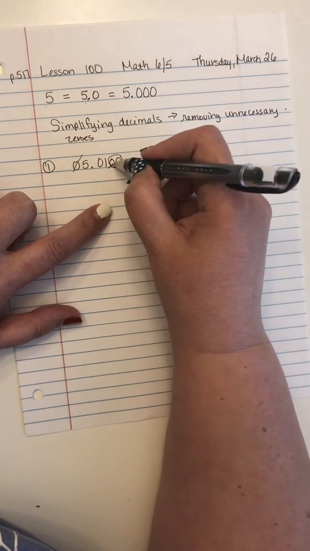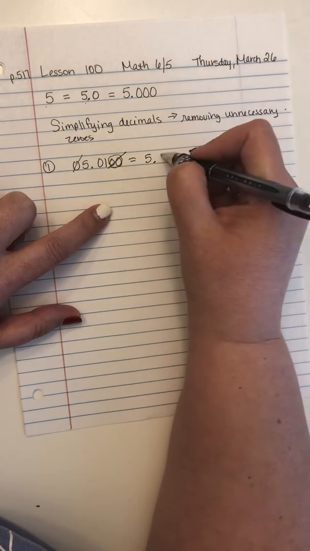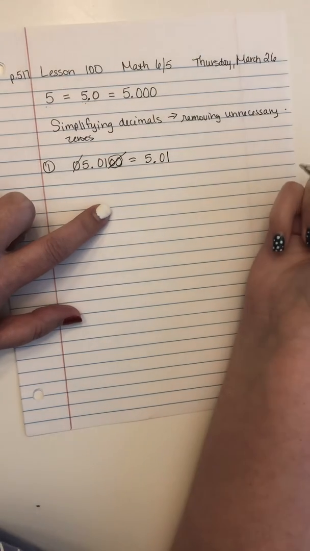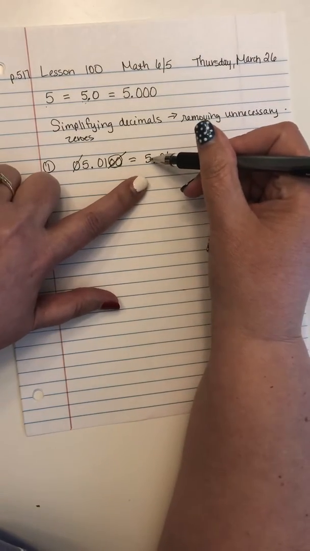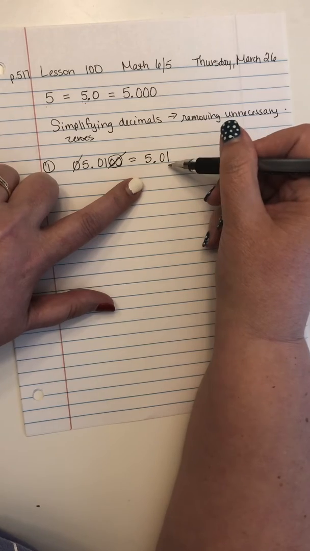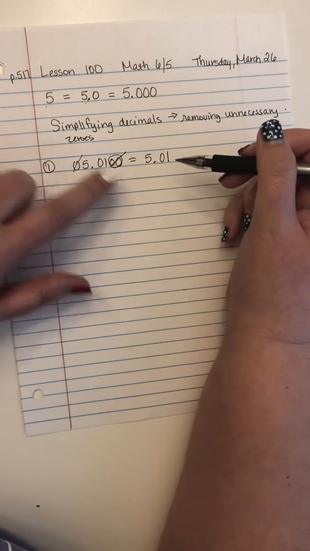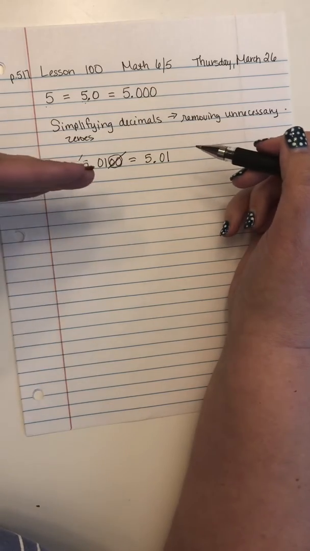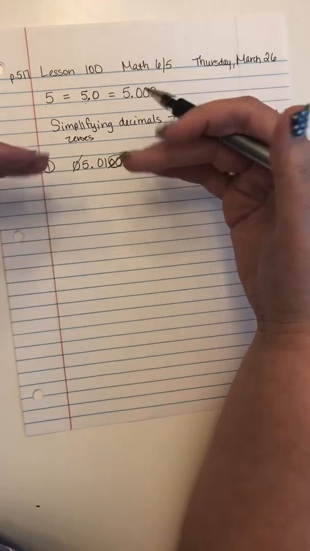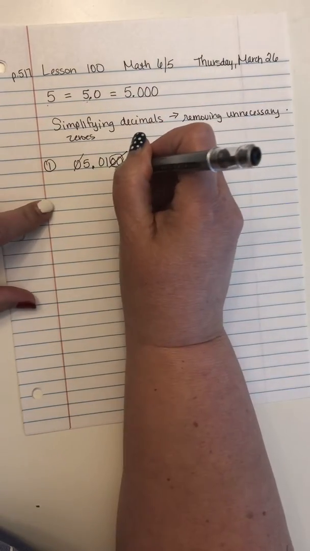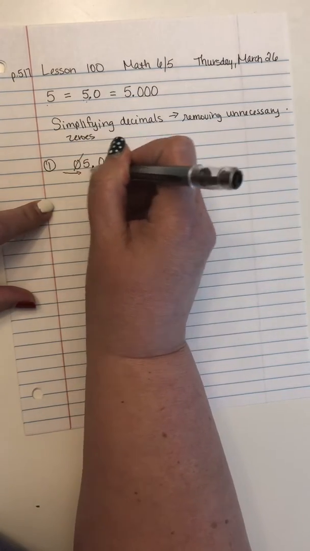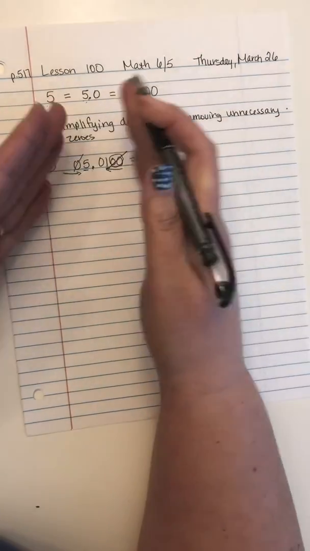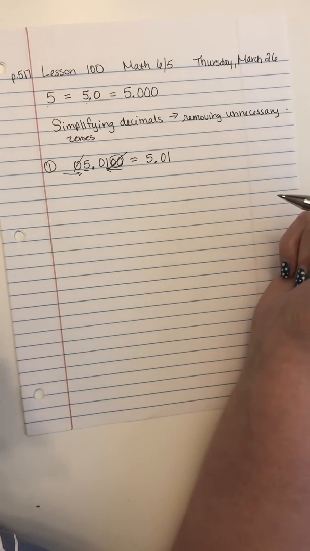So those 2 zeros can be taken away. And we can simplify this to 5 and 1/100th. So basically we removed those unnecessary zeros. So you can remove from the front and the back of the decimal until you get up to that whole number right here. We removed the extra zeros from the sides.